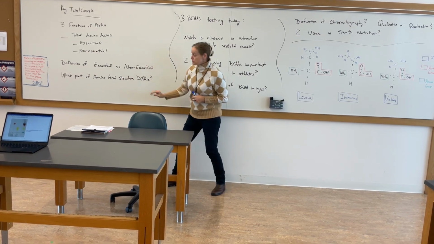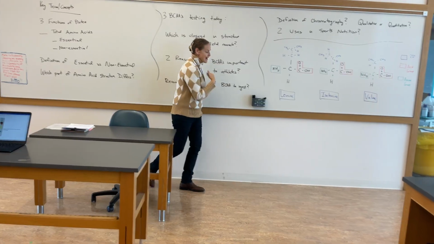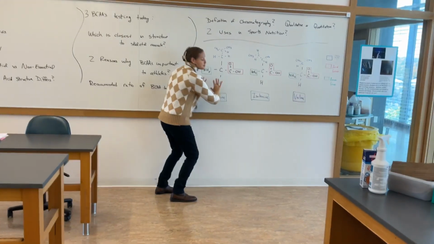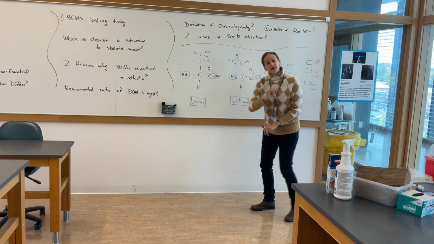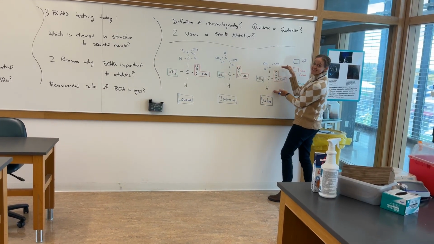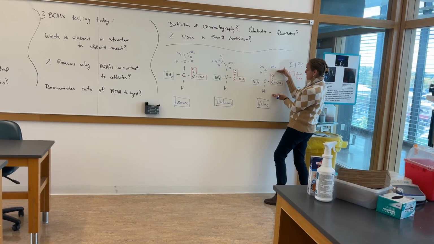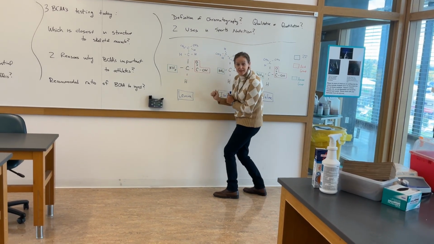Let's review briefly the amino acid structure. Now, you aren't going to have to draw it, which is a good thing, right? But what I wanted to remind you of, most of the amino acid structure is the same. From here down, same. Same. Same.